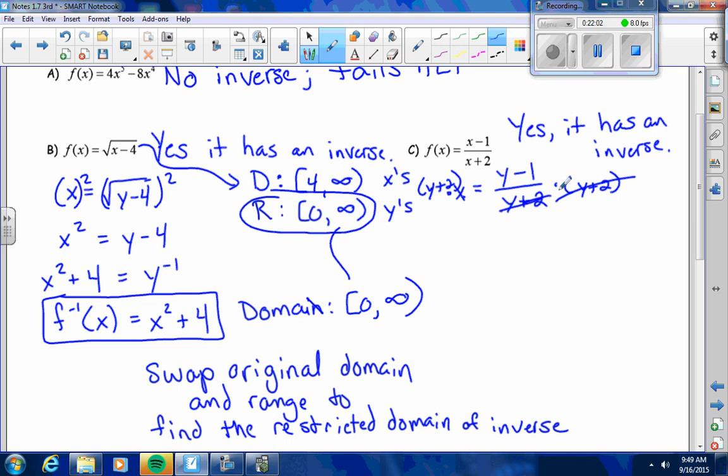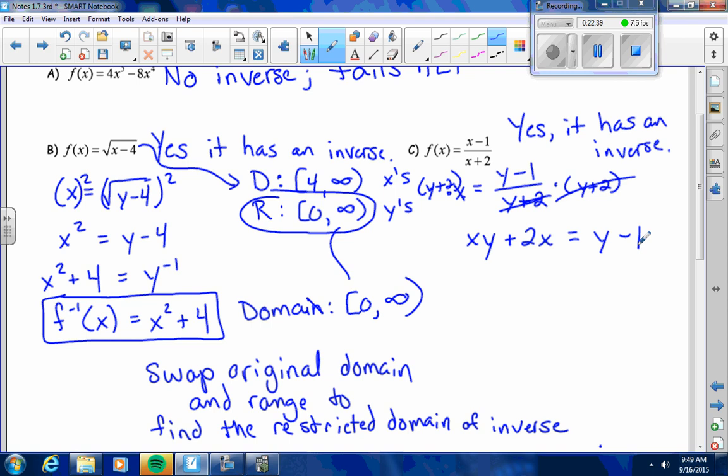So on the right side, they cancel out. On the left side, y plus 2 times x, I need to distribute the x. So x times y plus x times 2, which is 2x, equals y minus 1. Well, I have to solve this for y, and I have more than one y in this equation, which means anything with a y in it, I have to put on one side, and if it does not have a y, I need to put it on the other side.